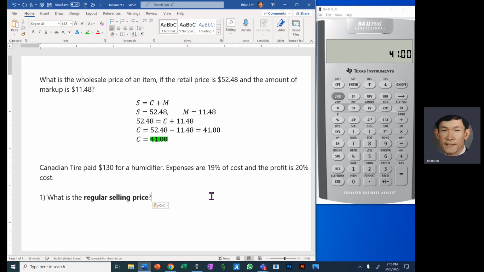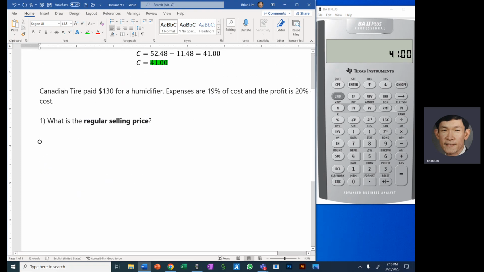So there we are. Let's put it there, and we can do the computation. So here we have the cost is right there, and this is the expenses based on cost as well. The profit is based on cost.